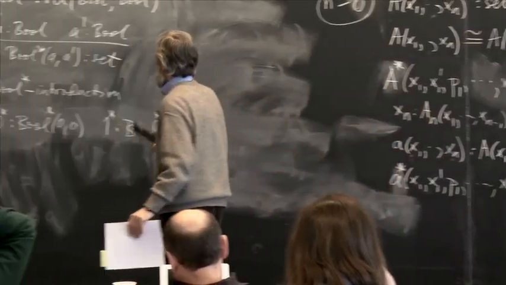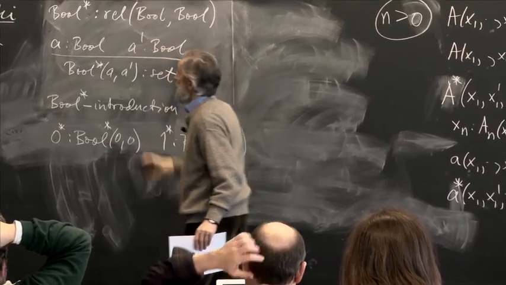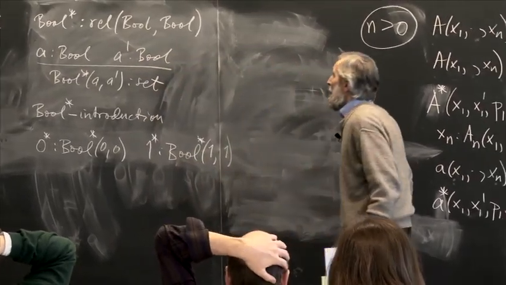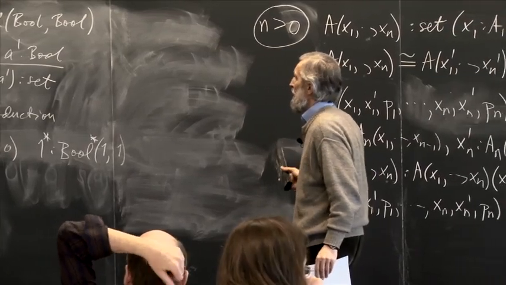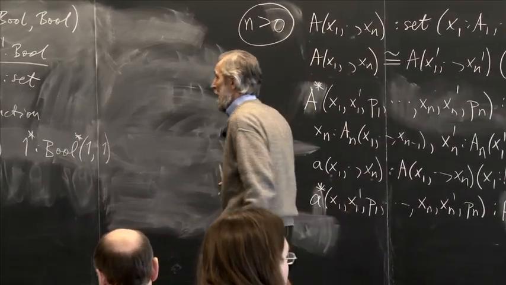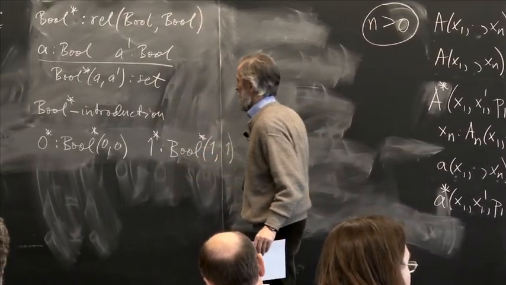And of course, bool star is a new construct, but the definition of it follows the same pattern as these standard rules. So it has its formation, introduction, elimination, and equality rules.